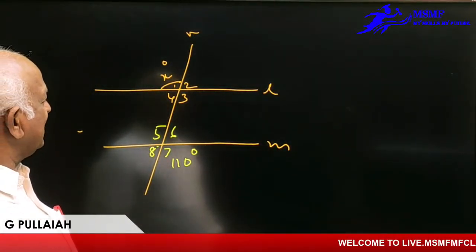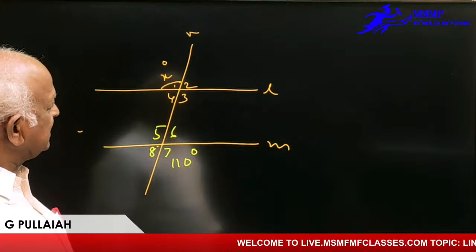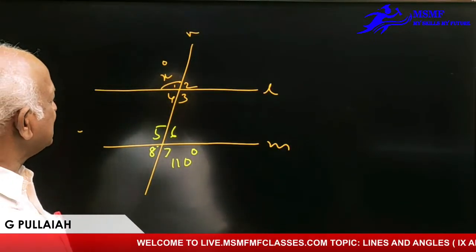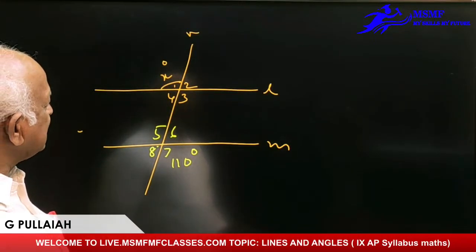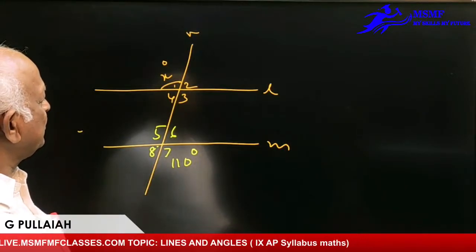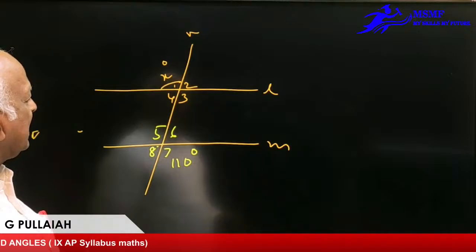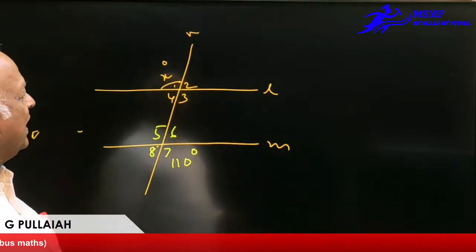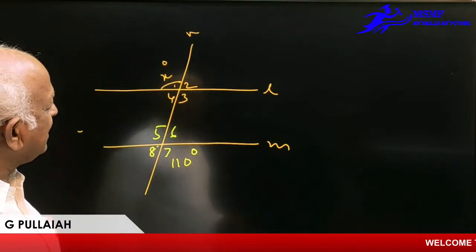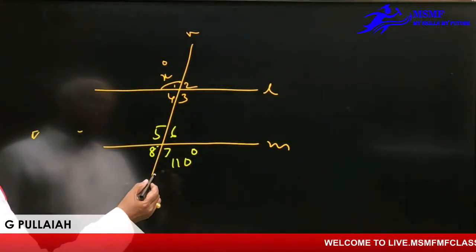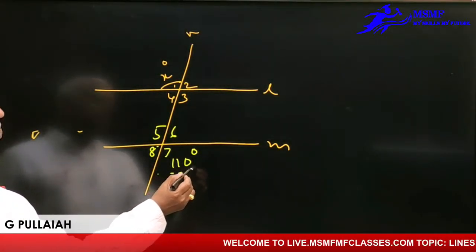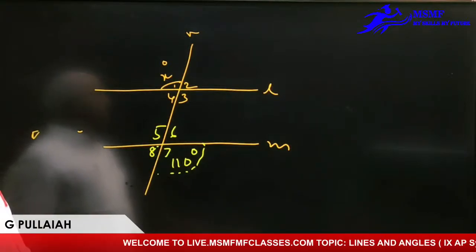So observe very carefully. This is one of the important points. We are expected here to find x. Let us identify any angle related to it. Angle 7 is given for us.